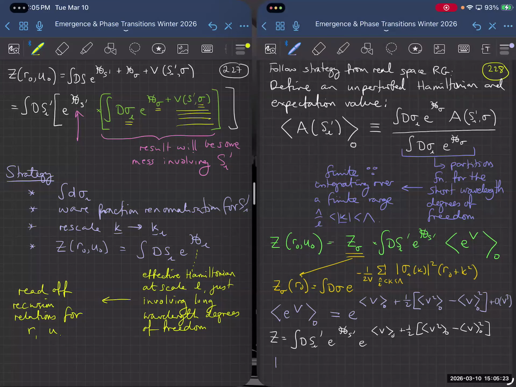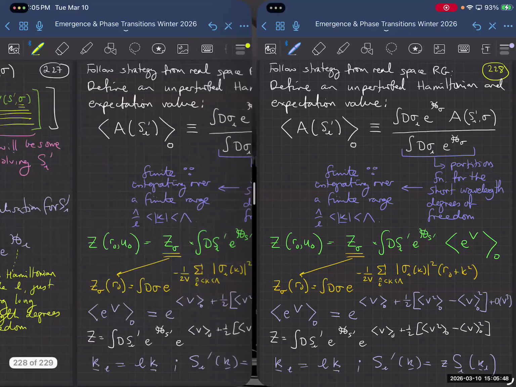Then we're going to set k_L equal to L times K. We're going to rescale our wave vector range just as before, and we're going to replace S_L prime of K by Z times S_L of k_L, just as we did for the Gaussian theory.